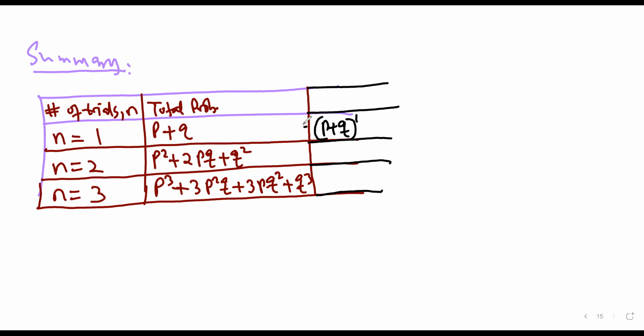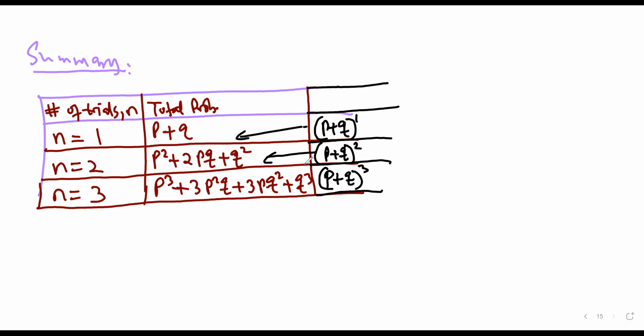That is what will give you this. And the second expression is similar to P plus Q raised to power 2. That's what will give you that. Then of course, the third one is P plus Q power 3. That's what will give you this.